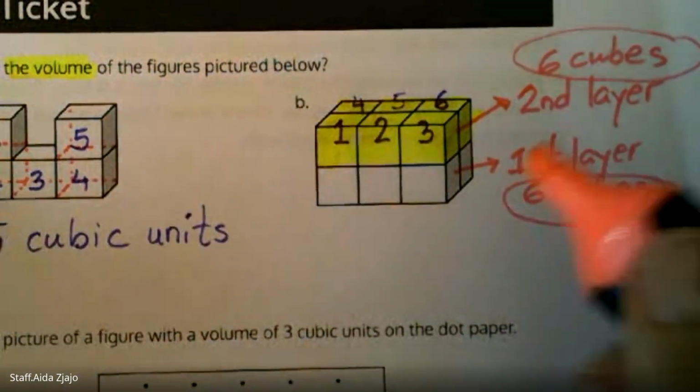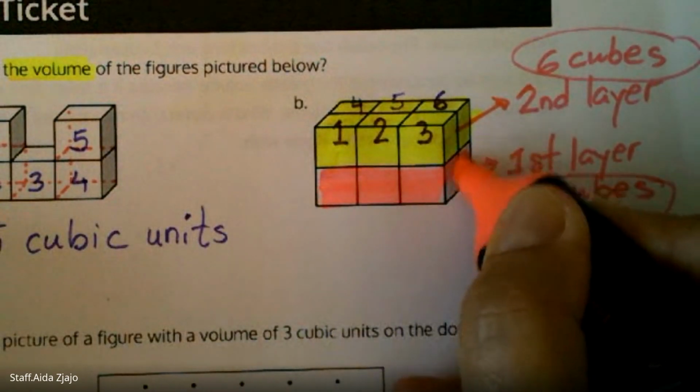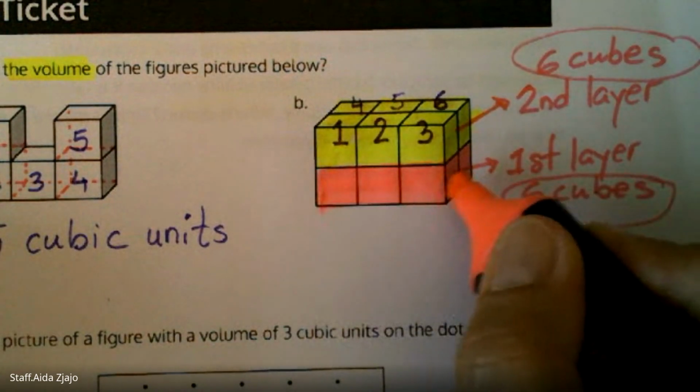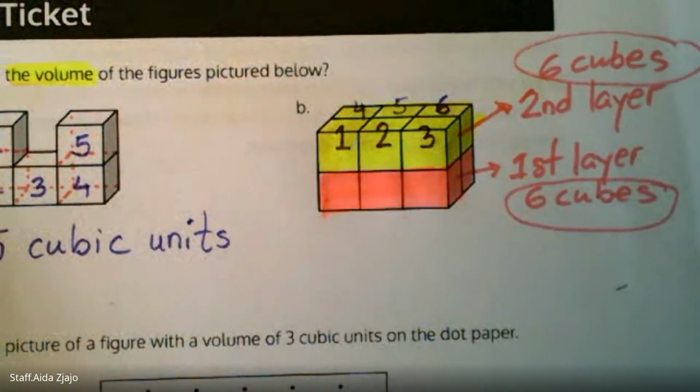So here this one is layer 1. It's 1, 2, 3 in front and 3 on the back, so its base is 6.